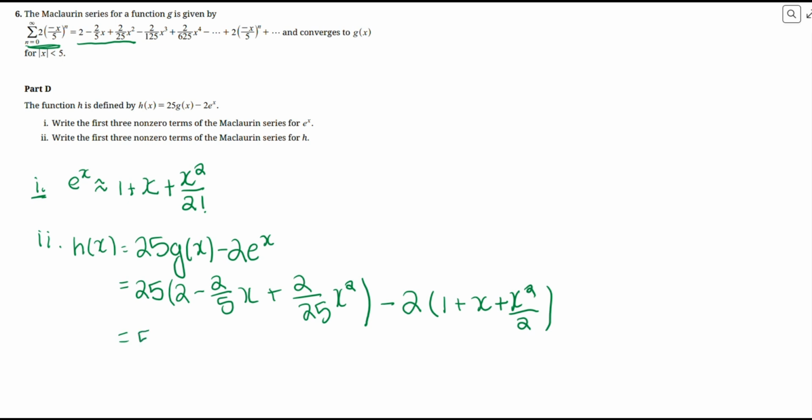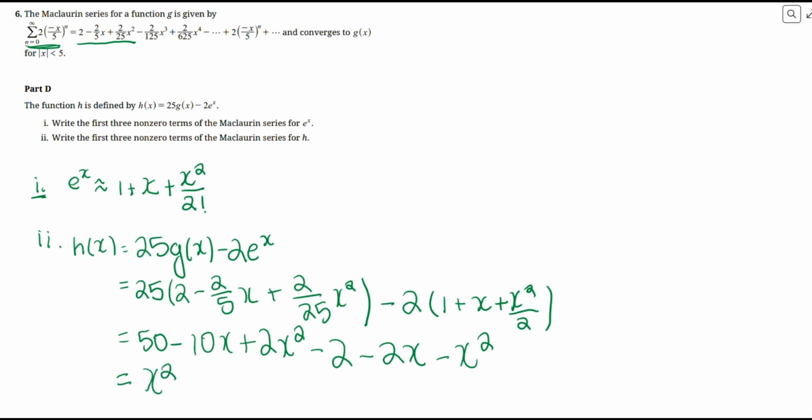So that's 50 minus 10x plus 2x squared minus 2 minus 2x minus x squared. You can simplify this again and it becomes x squared minus 12x plus 48. And there's your answer.